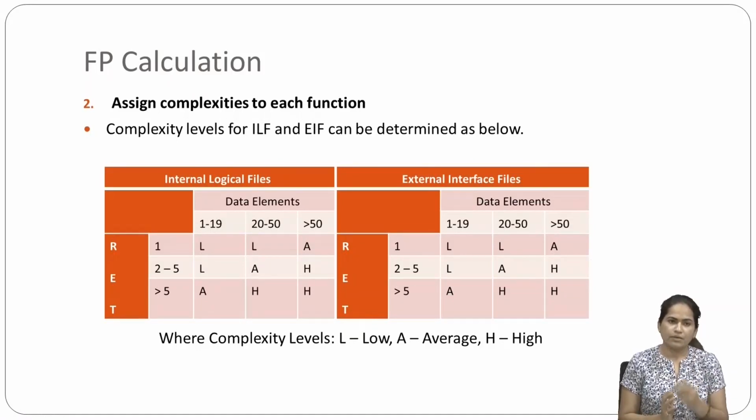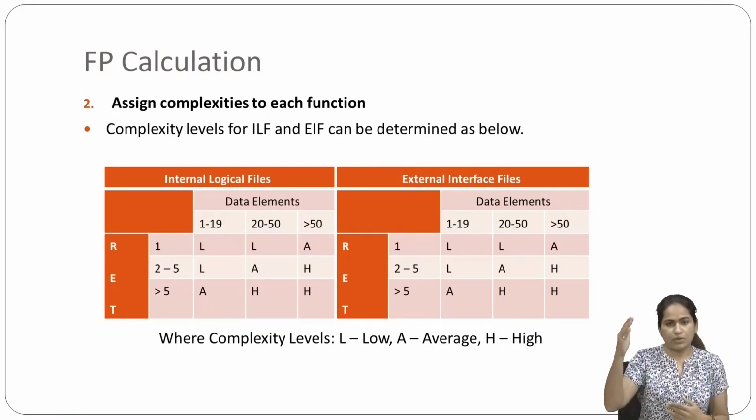Moving forward, suppose your RET is 2 to 5 and data elements are 1 to 19, then complexity will be low. RET is 2 to 5, data elements are 20 to 50, then your complexity will be average. RET is 2 to 5, data elements are greater than 50, then your complexity will be high.